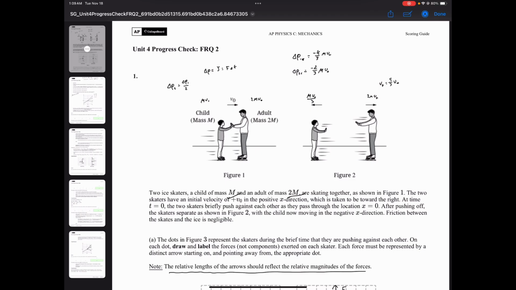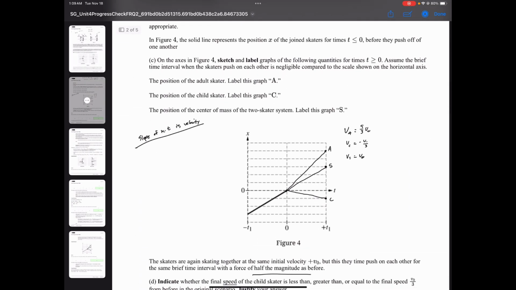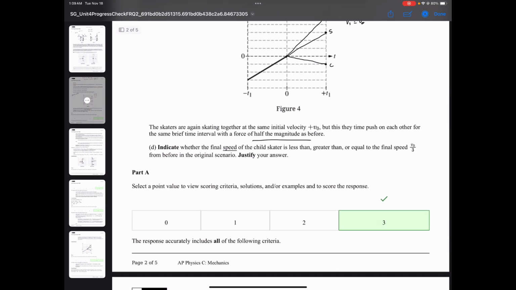What's interesting for this one is that the speeds are actually the same, right? The final speed of the child in the first situation was v naught over 3. Here I'm going to draw the little child. In the first situation, after the collision, he's moving v naught over 3 to the left.